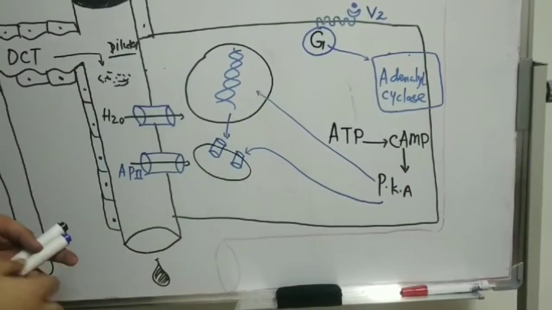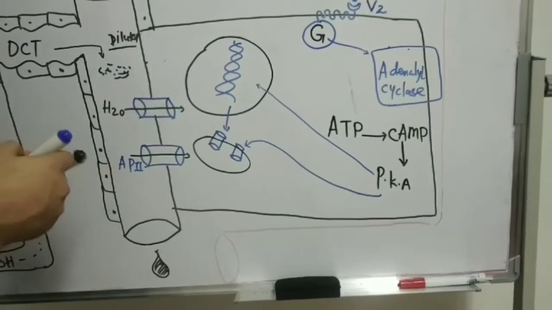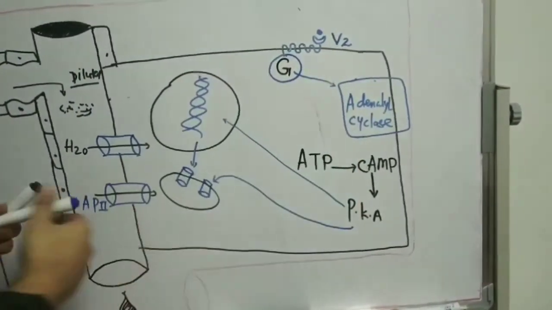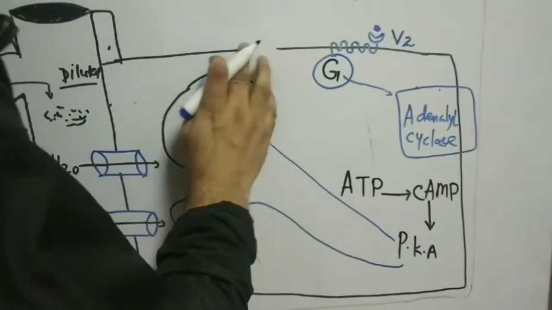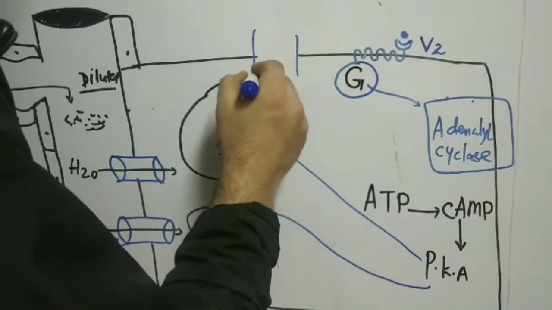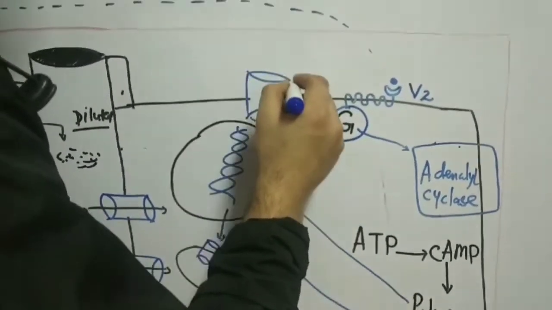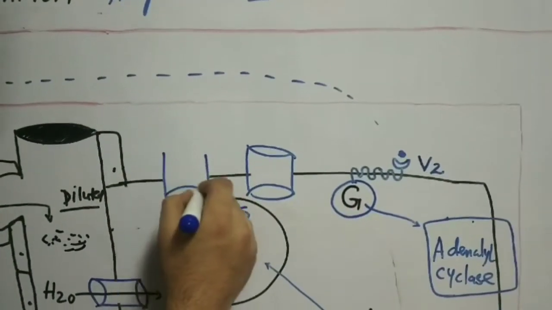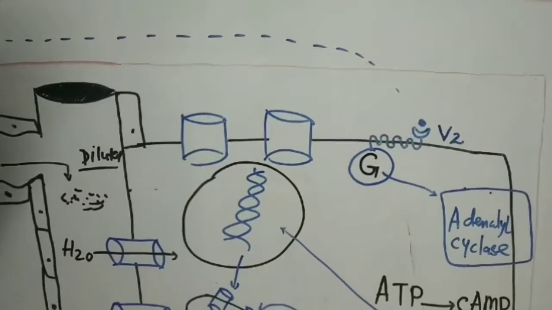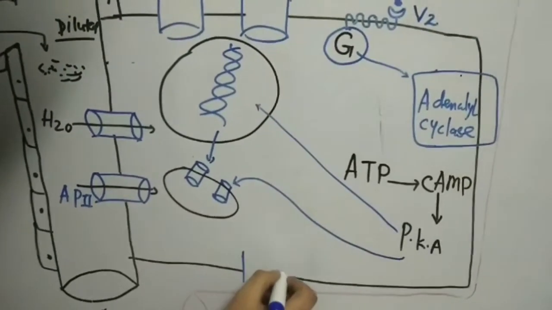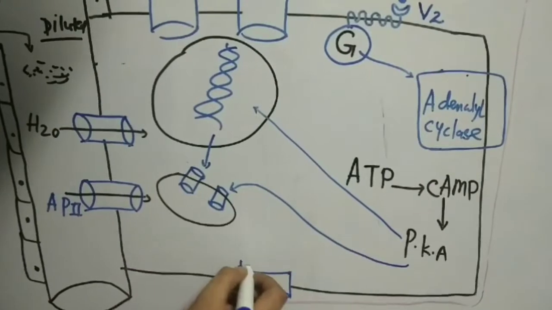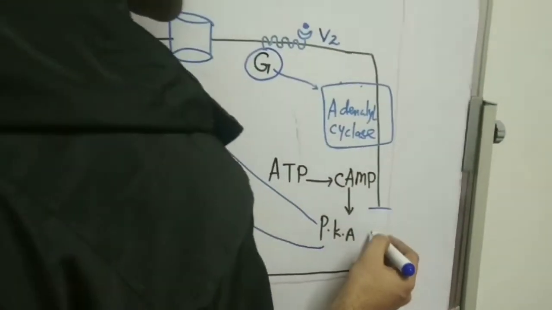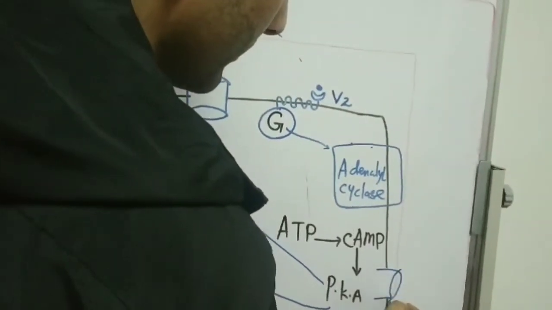Now there are other aquaporins which are always present in the basolateral membrane of the principal cell. Let me show you here. This is aquaporin 3. Here also. In the basolateral membrane, aquaporin 3 and aquaporin 4 are implanted.